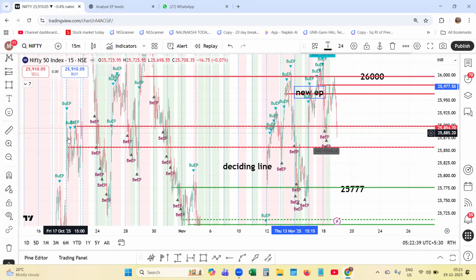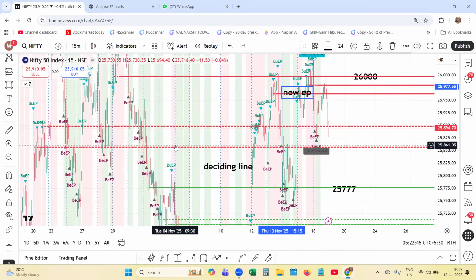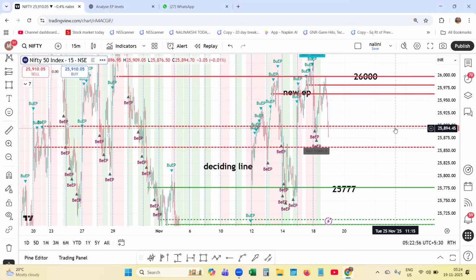So it comes from 20th and 24th of last month. It is running across through that line. So these are the new EP, new resistance zone formed on present 14th and 12th.